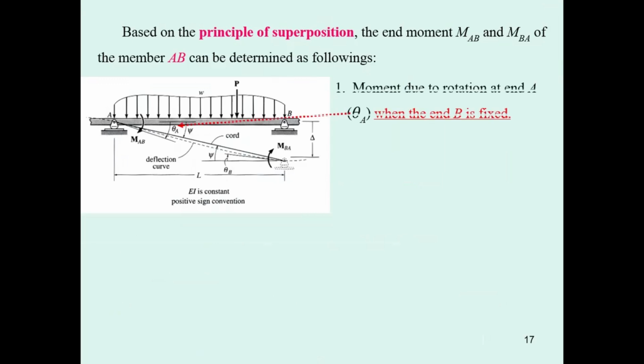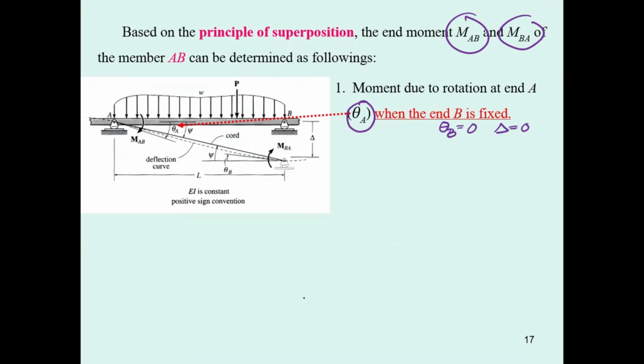Now, we separate the first one. We consider zeta sub A and put zeta sub B to be 0 and delta to be 0. We consider how zeta sub A is going to produce M sub AB and M sub BA, how zeta sub A contributes to the end moment.